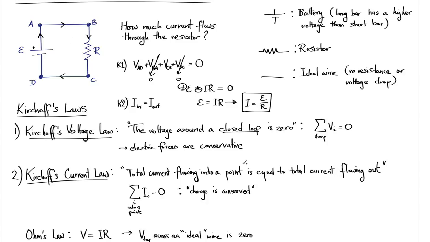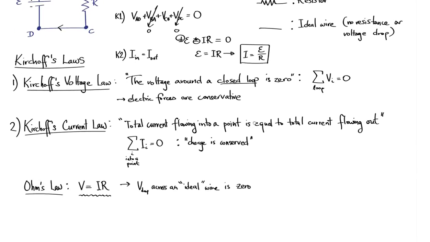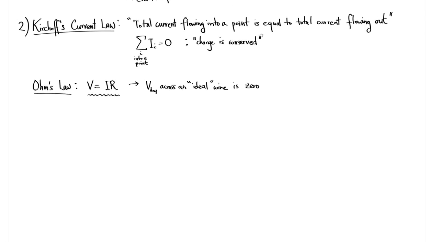Okay, so what I'm going to do right now is write down some helpful tips for solving circuits. So these are tips in addition to Kirchhoff's laws. And then after that, we'll do one example of a slightly more difficult circuit, and then that'll be it for today. All right.